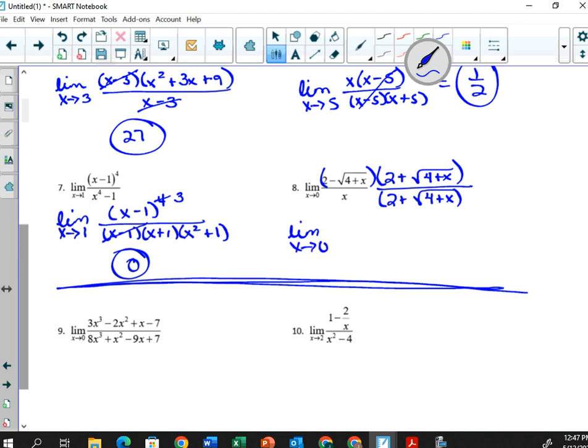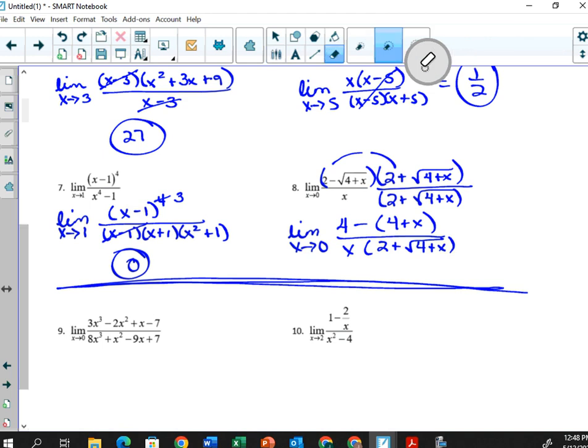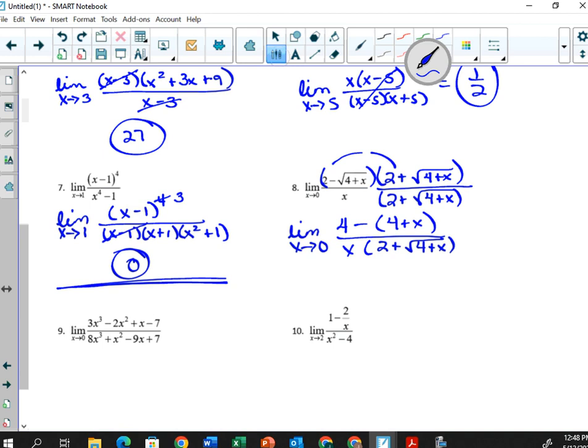Limit as x approaches 0. 2 times 2, that's easy, that's 4. This is where you need to be careful. You end up with minus the whole thing, 4 plus x. Are you okay? Do you have a question? Okay. So when I simplify the numerator there, guys, what am I actually left with? Not just negative x.